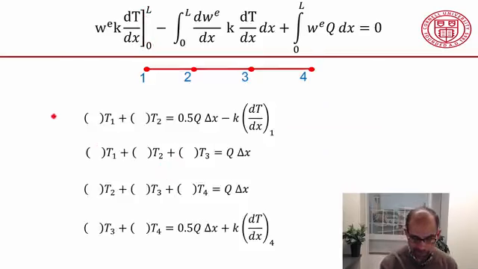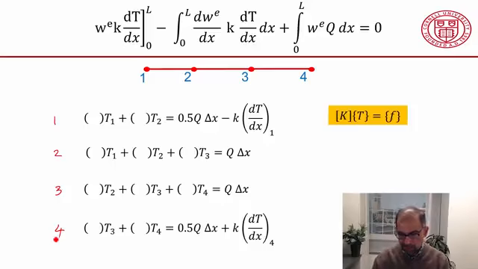So that's the equation at node 1, this is the equation at node 2, this is the equation at node 3, and that's the equation at node 4. And if I look at the stiffness matrix form based on these coefficients here, I will enter them in the corresponding rows and columns of the stiffness matrix.